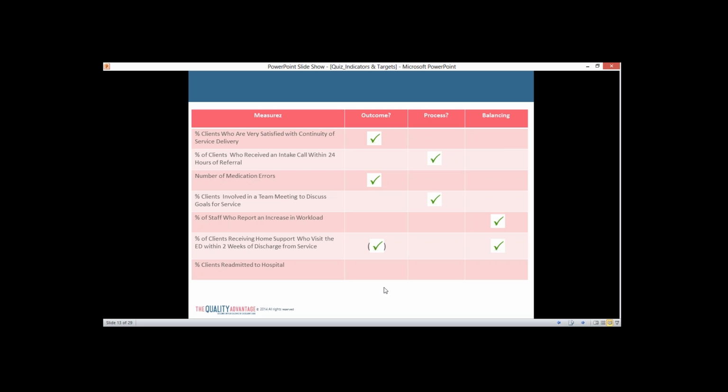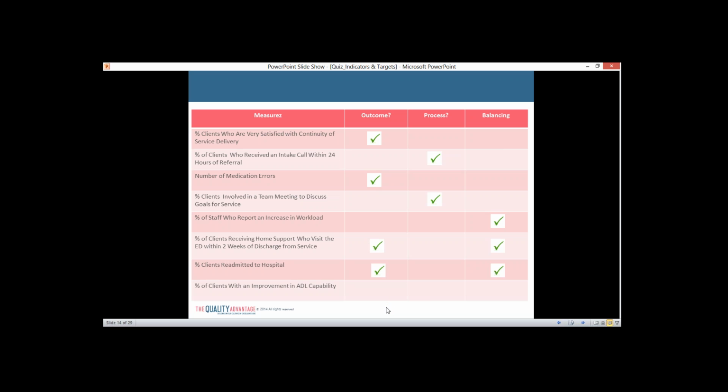Let's look at the next one, percent clients readmitted to hospital. Is that an outcome, a process, or a balancing measure? Again, I've articulated it as either.